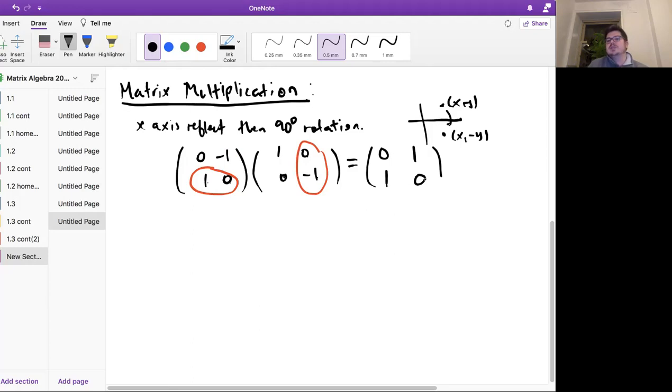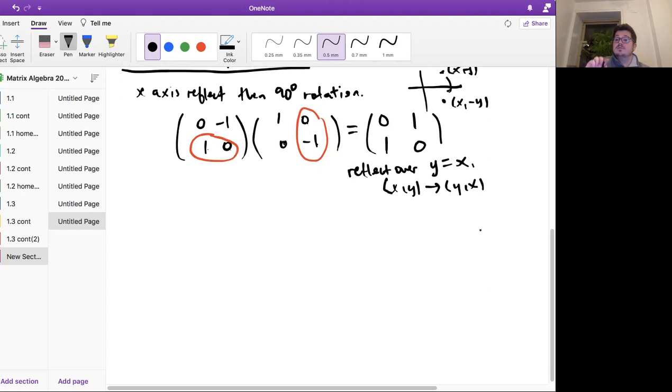Does anyone remember what this reflection is? Almost, it's y equals x. So this is kind of like when you do an inverse of a function, you flip-flop y and x. This is (x, y) to (y, x).